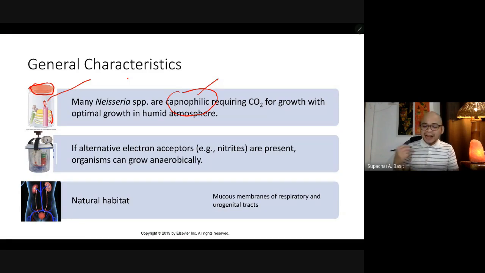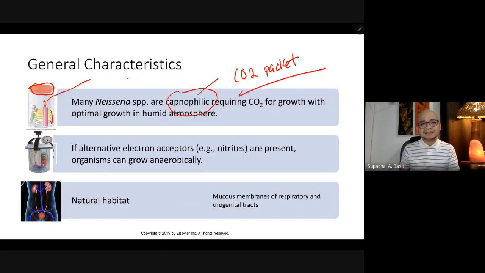However, a more accurate way is using a CO2 packet. Okay, so the CO2 packet is a more accurate way of providing carbon dioxide for organisms.